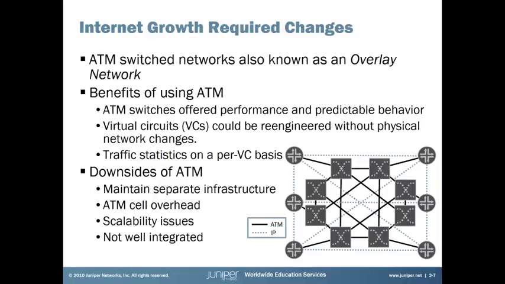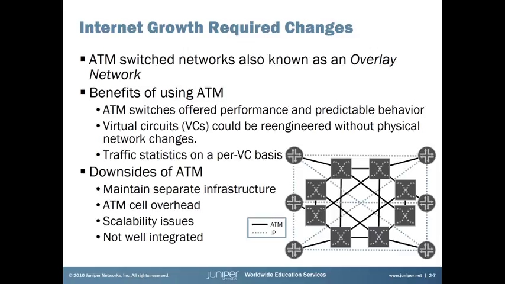Okay, so we're looking at some of the solutions that have come in historically to deal with this issue, and it's been an issue for a very long time. One of them has been ATM. You have these ATM switches, which give you performance and control over the behavior of the traffic.